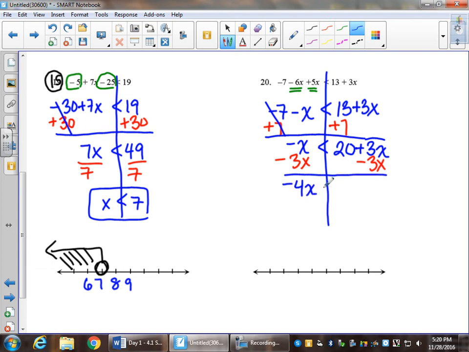That gets me -4x less than 20. This is gone. I've reached my goal. I just have variable terms on the left and a number term on the right. Now the last thing that needs to happen is divide both sides by -4. So I get x is greater than -5.